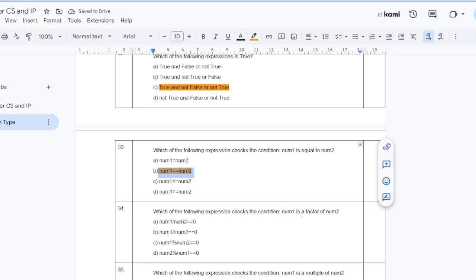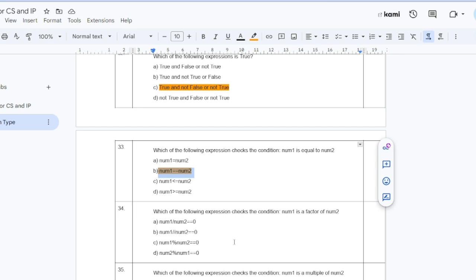Now the next question is, which of the following expression checks the condition num1 is a factor of num2? It should be num2 modulo num1, and that is why num1 slash num2 is a wrong answer. Num1 floor division num2 is also a wrong answer.